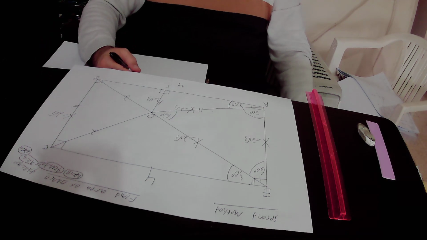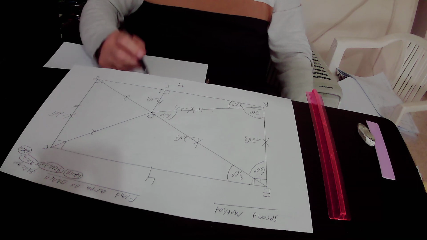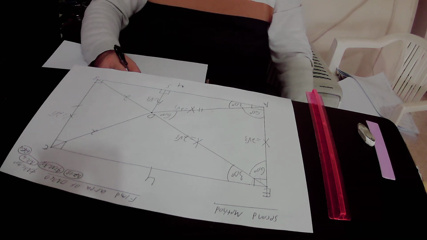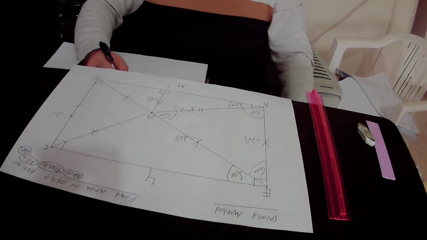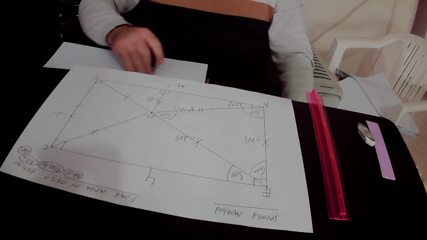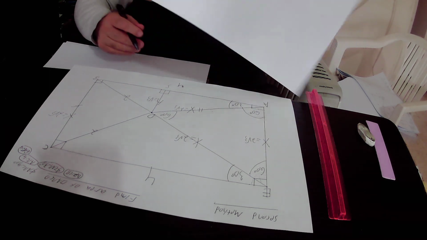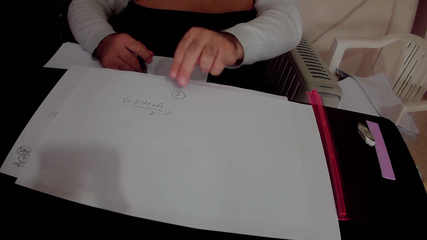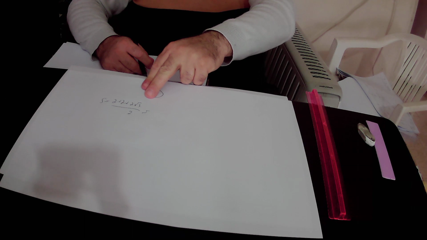So S is the abbreviation for semi-perimeter. So S equals 2 plus 2 plus 2 times square root of 3 units, all divided by 2. Okay, the semi-perimeter of triangle ADC equals this expression.